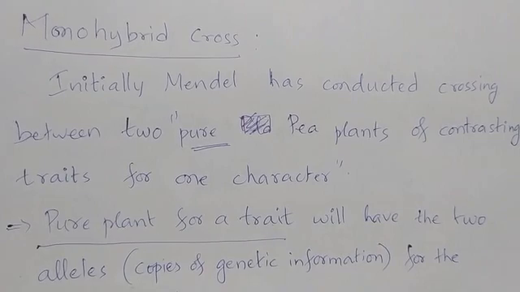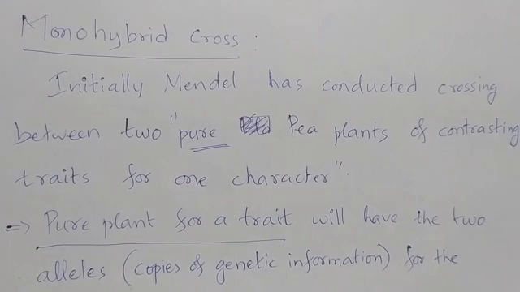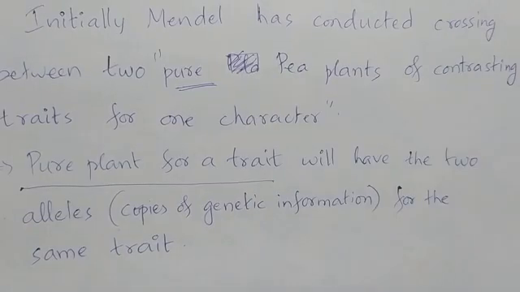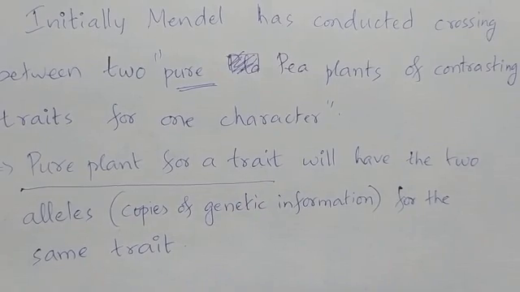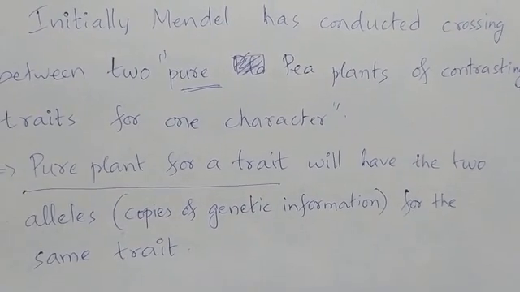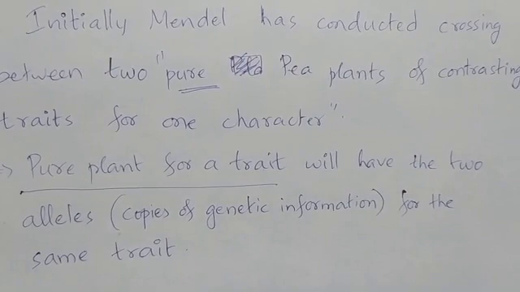A pure plant for a trait will have the two alleles, the copies of genetic information for the same trait. What does it mean by pure plant? A pure plant for a trait will have two alleles or two copies of genetic information for the same trait.